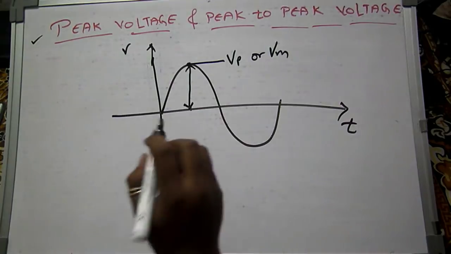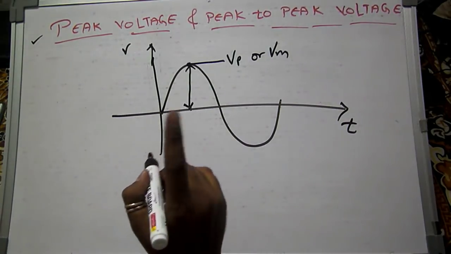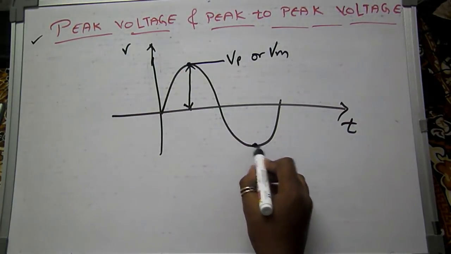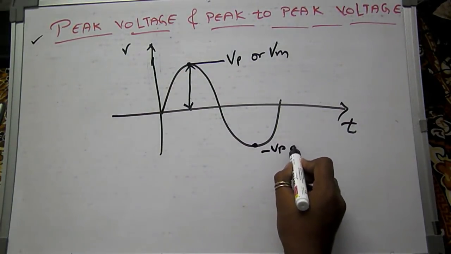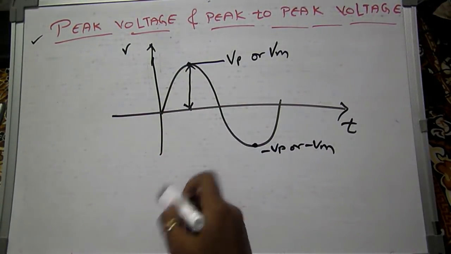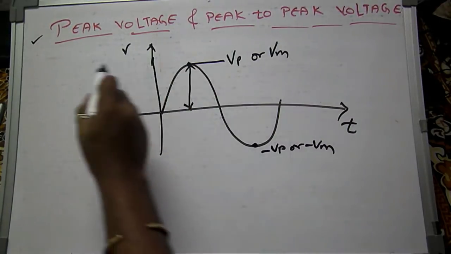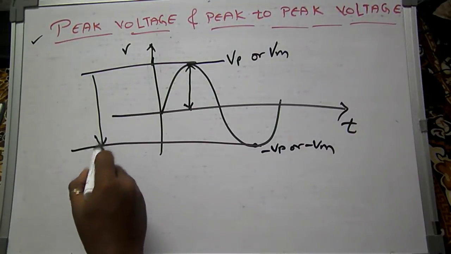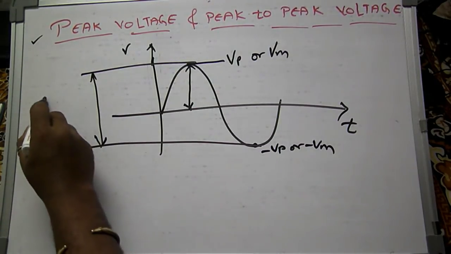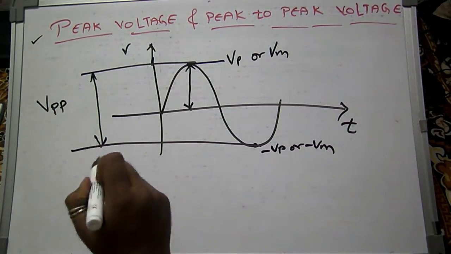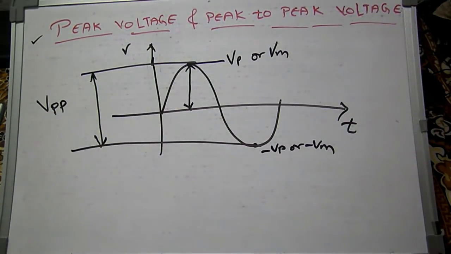Now if we say peak to peak voltage, that means we have two peaks actually. This is a positive peak value and this is a negative peak value. So peak to peak means this whole value. It is represented as VPP, that is peak to peak voltage.